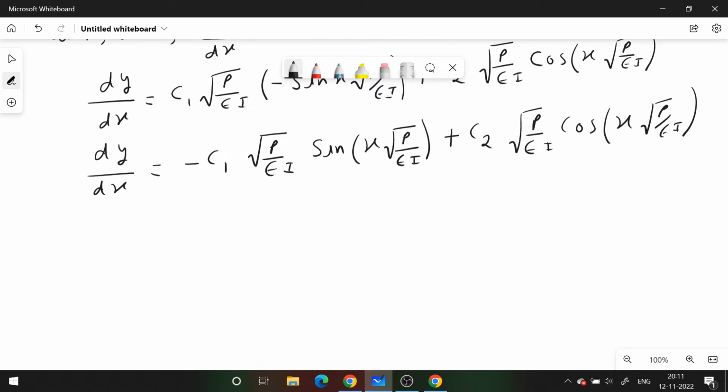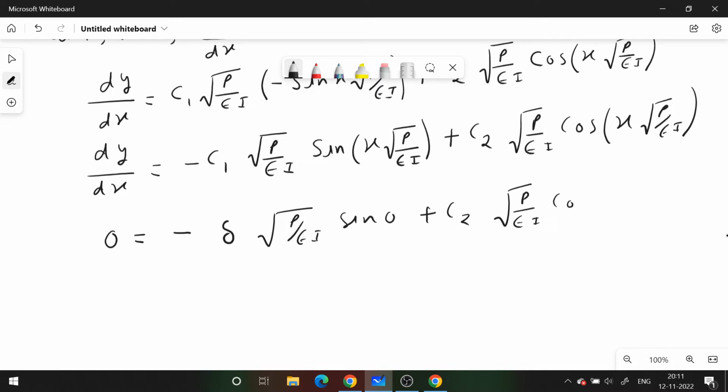Now substituting the values, dy by dx is 0, so 0 is equal to delta under root P upon EI sin 0 plus C2 under root P upon EI cos 0. From here C2 will be equal to 0.